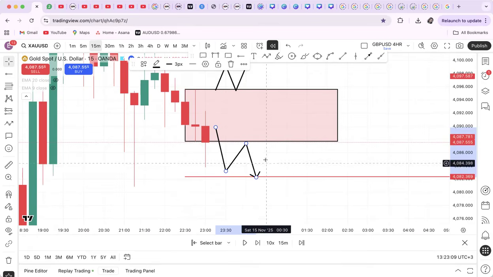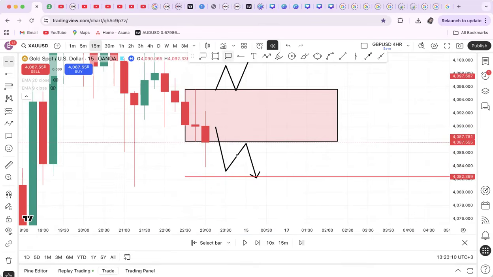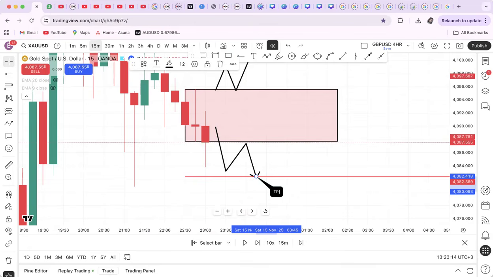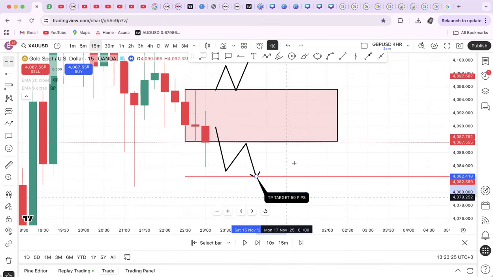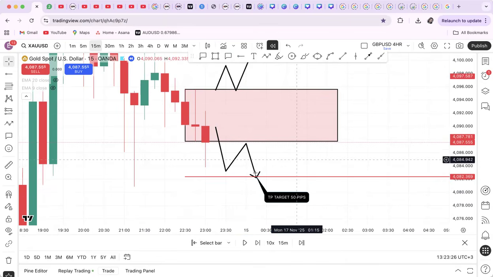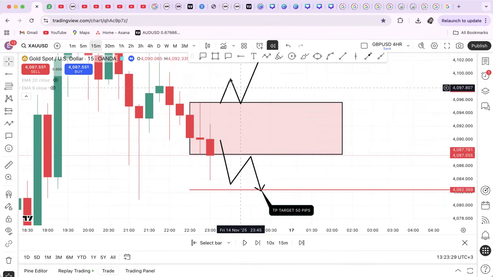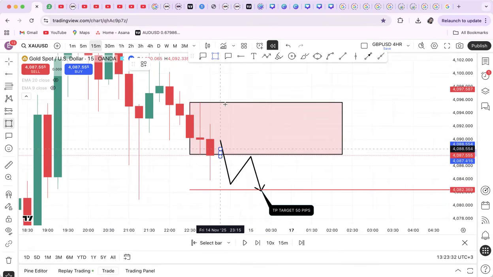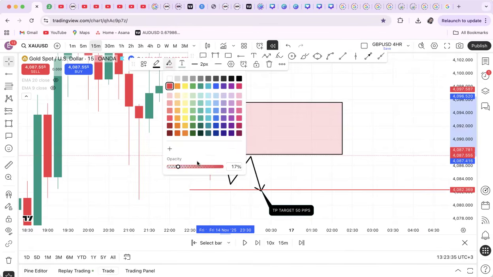Now I'm showing you how to target. If you over target this strategy, you might be stopped out or given an exit. So I am insisting the target should at least be 50 pips. And make sure you backtest it before you enter on a live market so that you can know whether this is your trade. If the market violates our box and then goes up like that, we are closing the trade.